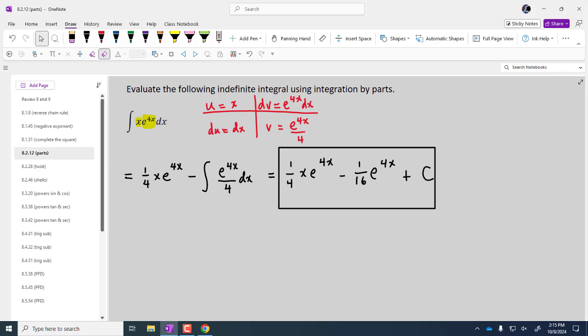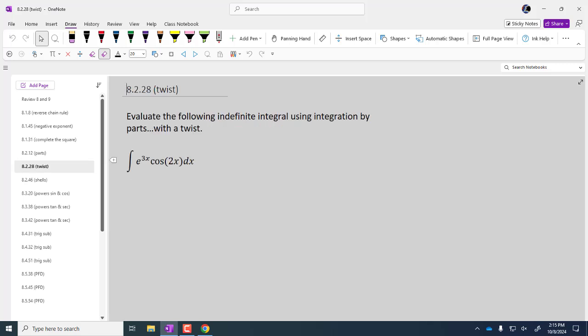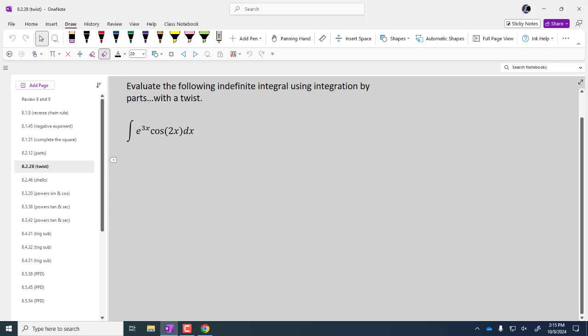And then we have our more complicated integration by parts. That's when we do it with a twist. So we should recognize that we're going to have a twist when each of the two functions has derivatives and integrals that kind of don't get simpler.